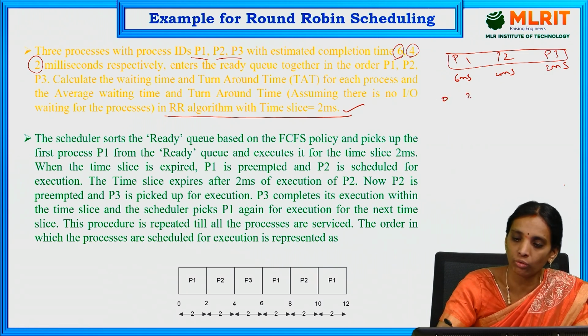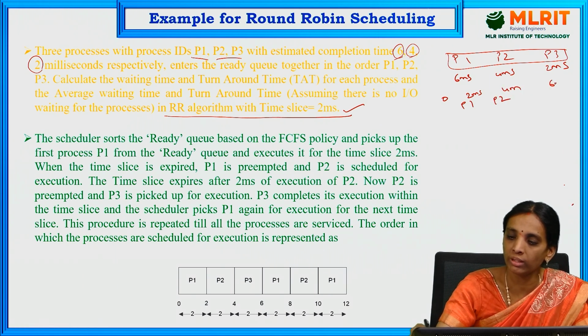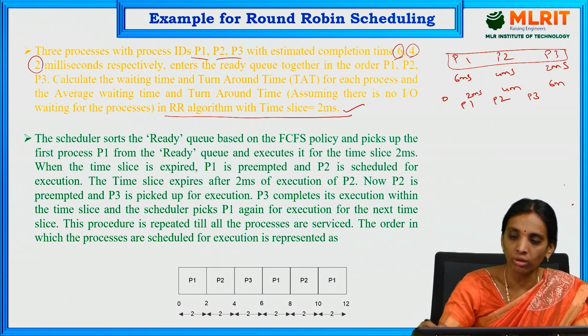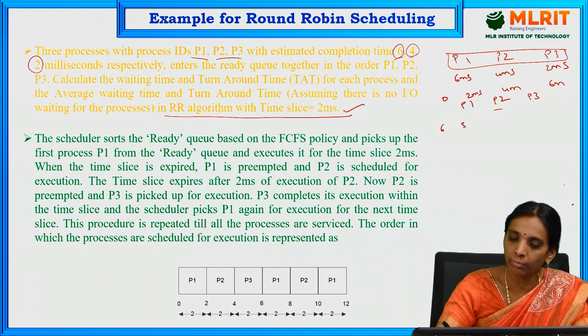From 0 to 2 milliseconds P1 is scheduled, from 2 to 4 milliseconds P2 is scheduled, and from 4 to 6 milliseconds P3 is scheduled. If a process is not completed, again after 6 milliseconds, from 6 to 8 milliseconds, P3 is completed.